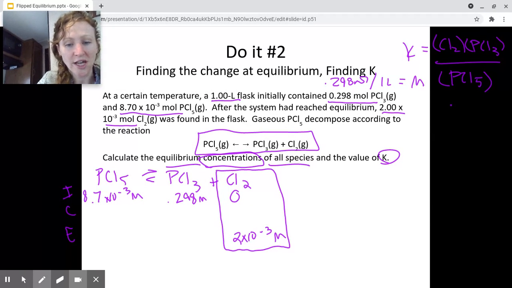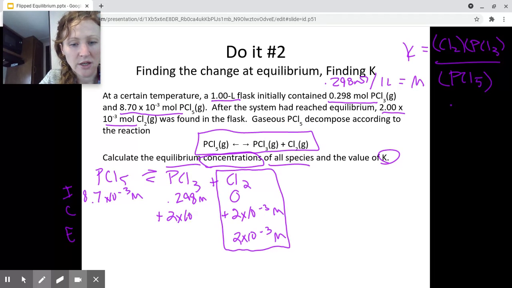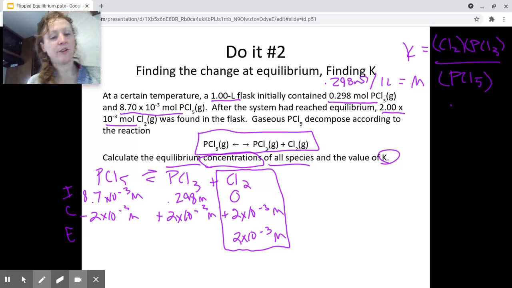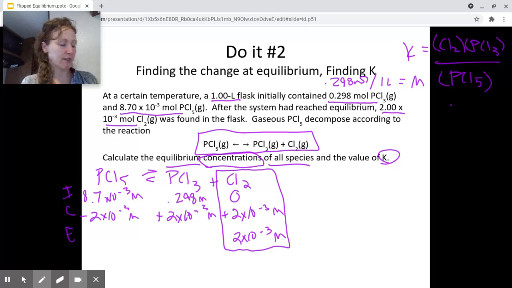The change had to be the difference, 2 times 10 to the negative third molar. And if I gained that much of Cl2, I also gained that much of PCl3, and I also lost that much of PCl5. All right, let's break out the hopefully more trusty than mine calculators.